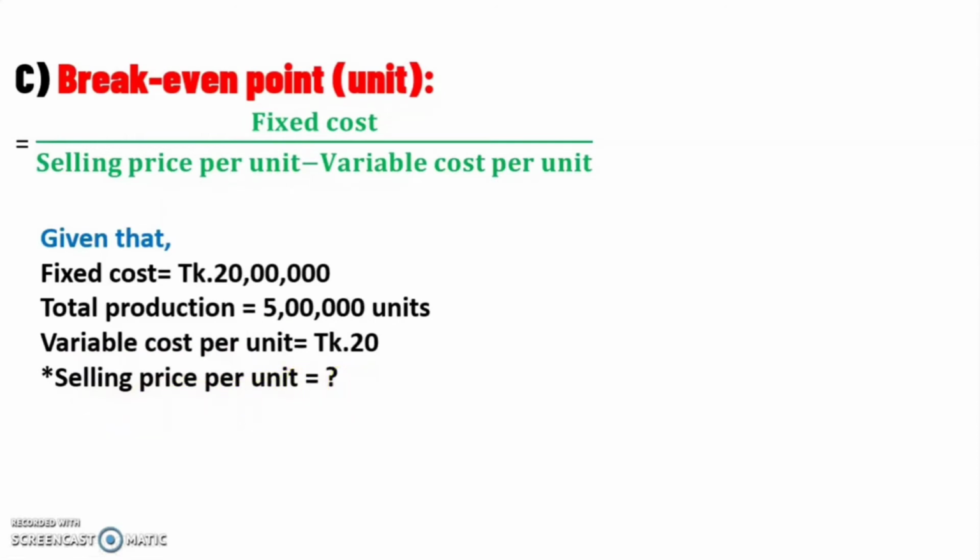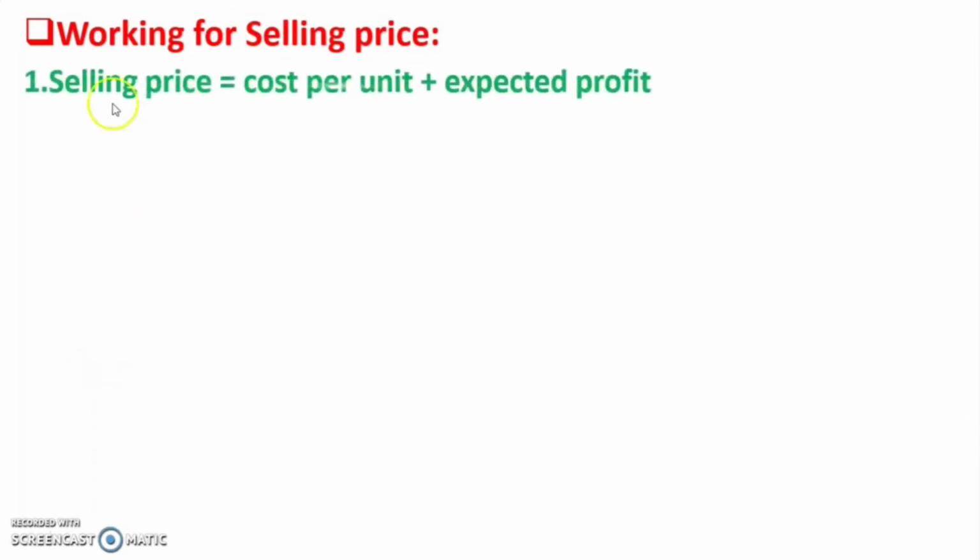Dear students, when we calculate break-even point, we need the selling price per unit. So now we will calculate selling price per unit before we calculate break-even point. Working for selling price. Selling price equals cost price per unit plus expected profit.